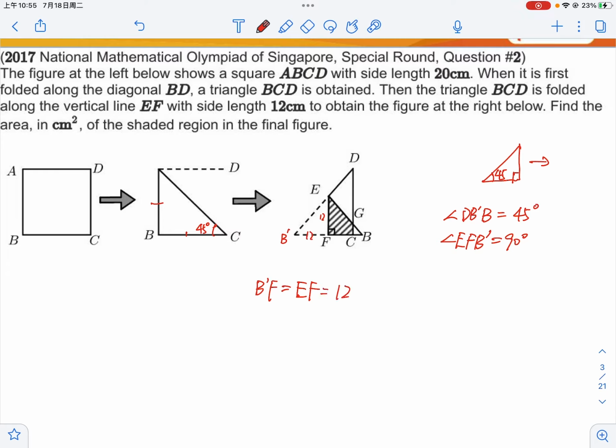Remember that B prime C hasn't changed, right? B prime C is also the side length of the square ABCD, which is 20. Then CF equals CB prime minus B prime F, 20 minus 12, the answer is 8.